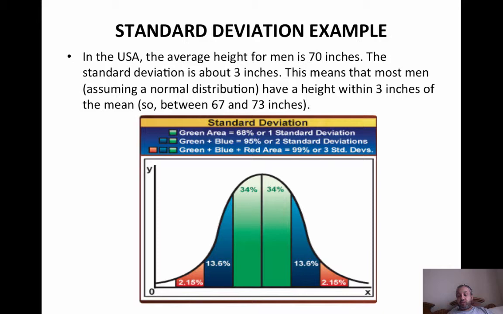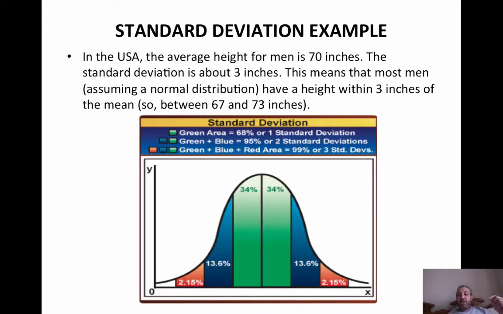Let's go out even further. Let's look at that 13.6. Those two boxes. Now we're out, on either side of the mean, to 2 standard deviations: 2 standard deviations to the right and 2 standard deviations to the left. So now if you add up all of these numbers, 34 and 34, that's 68.